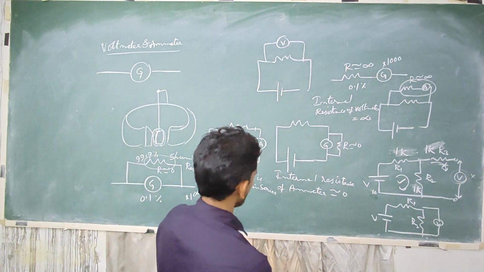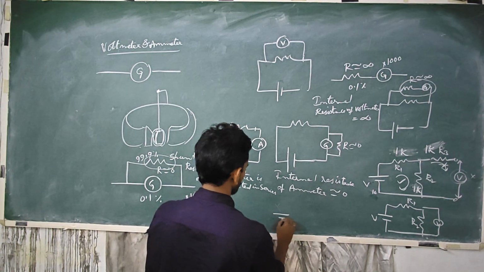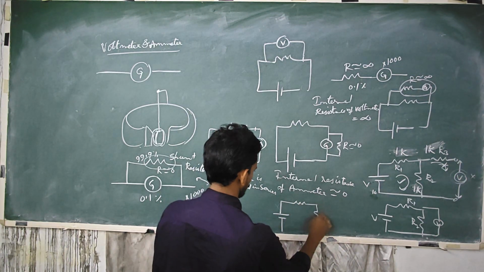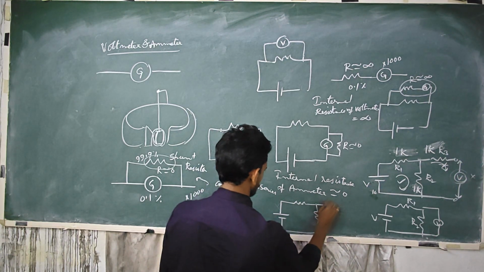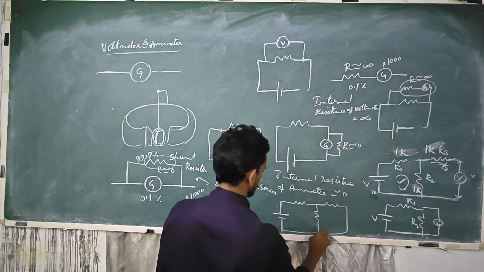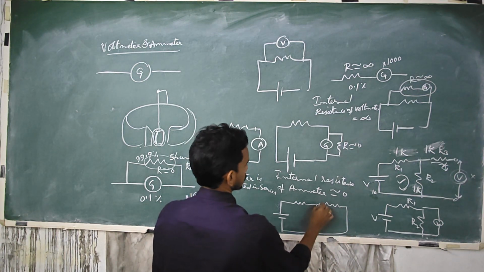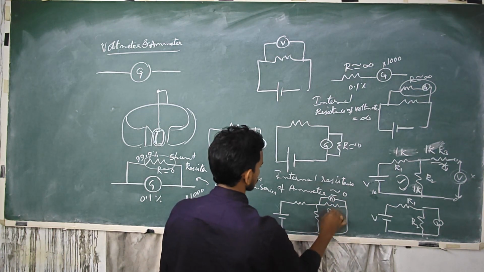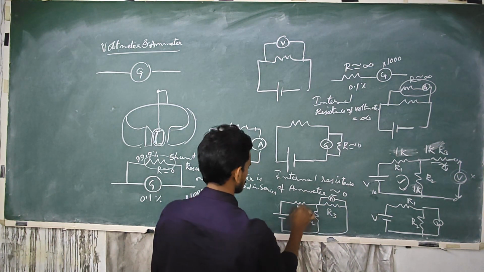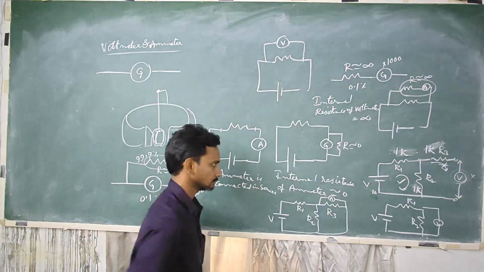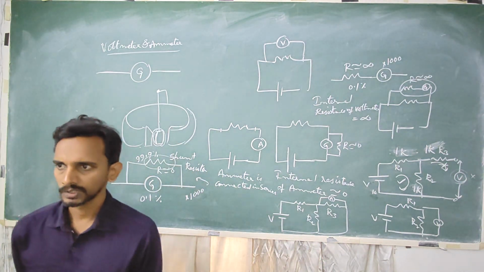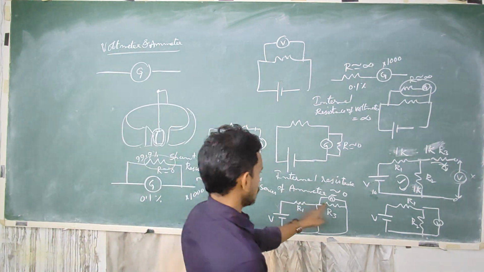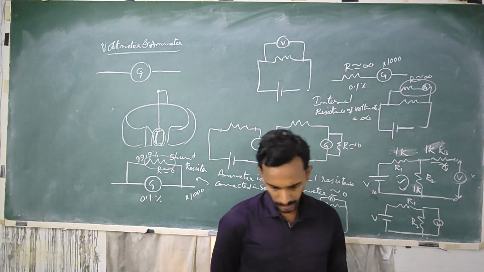So now the same circuit, I connect an ammeter in parallel here, parallel to R3. So by mistake, I connect an ammeter in parallel.